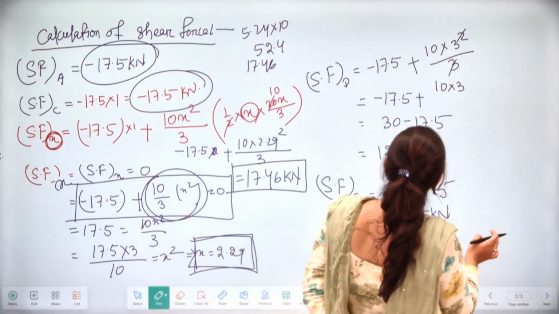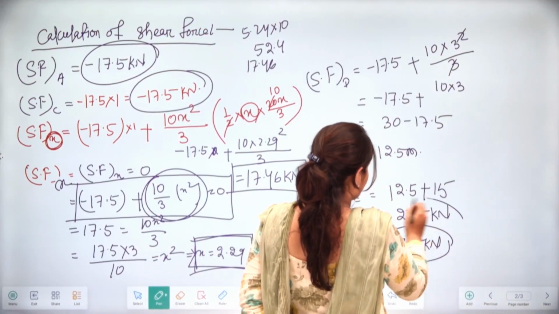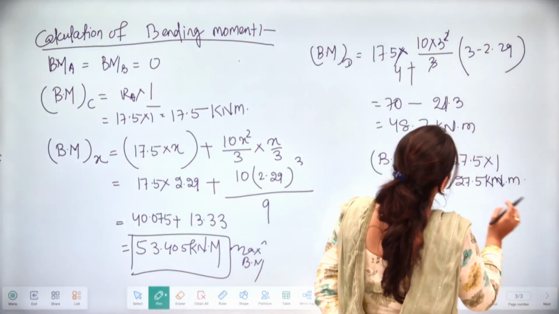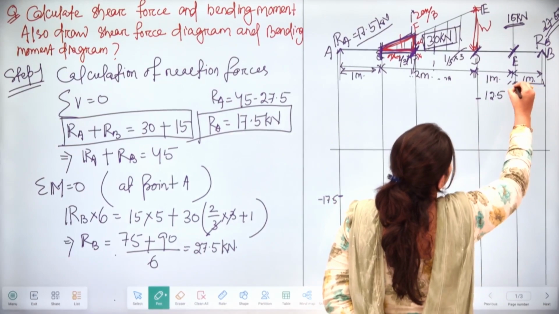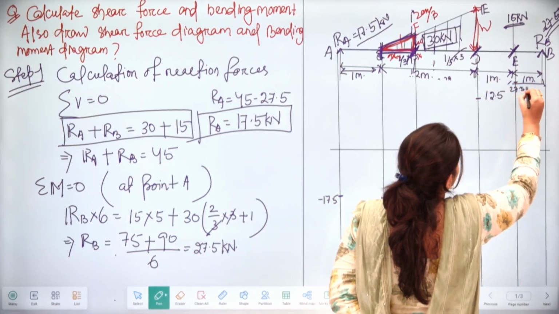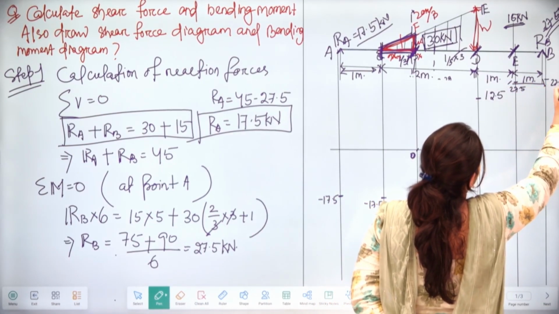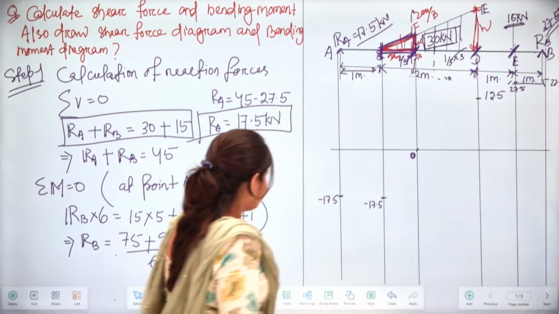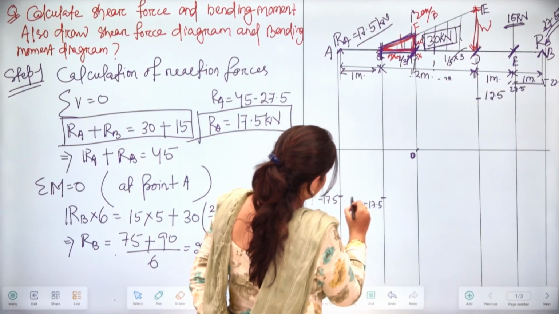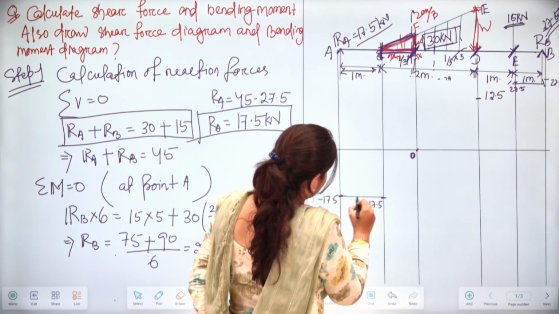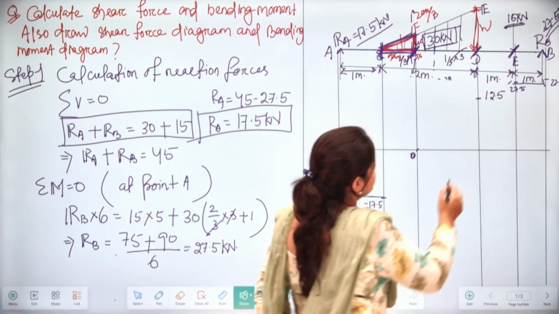Next value is 27.5 at both the distances. Here 27.5 and here also 27.5. So this diagram will be linear.